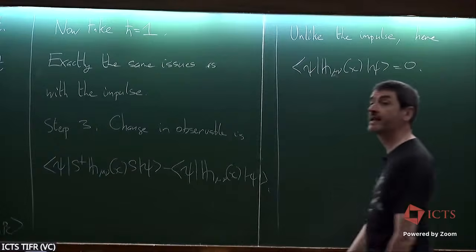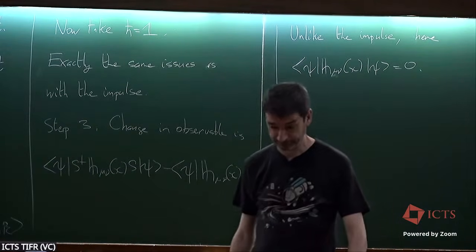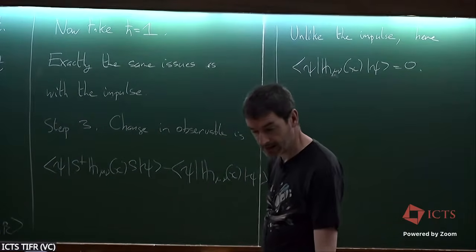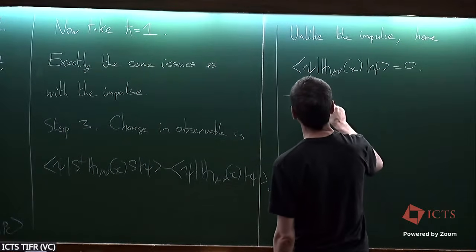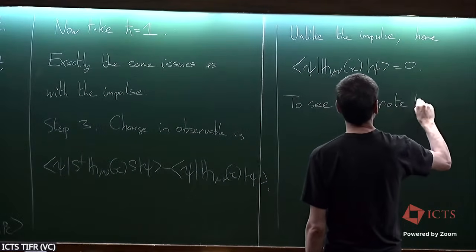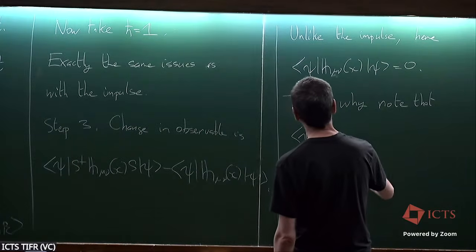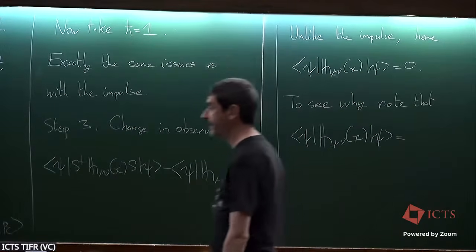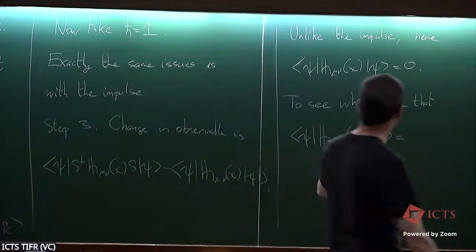To see why this is, we can just go ahead and compute what this thing looks like. I'll insert the expression for h mu nu into this expectation value.